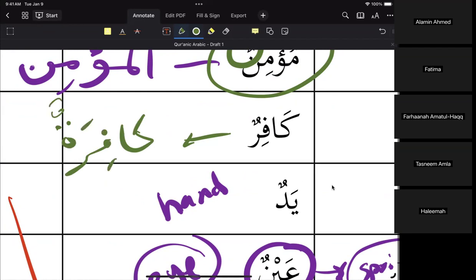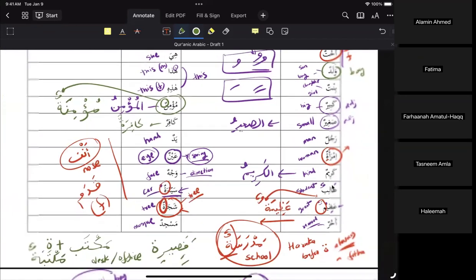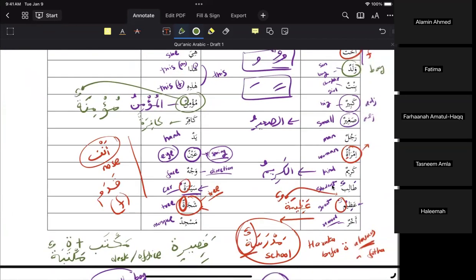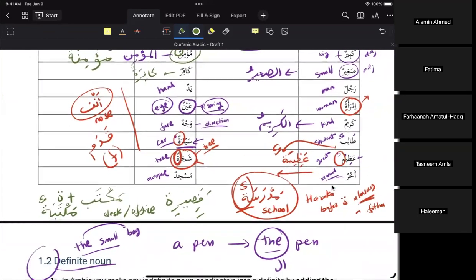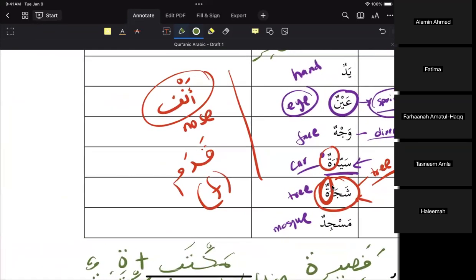So sometimes it works, sometimes it doesn't, but it will always work for adjectives. That's something good. Any adjective you have, like tawil. This is something you don't have to know right now, but I'm just trying to give you a little bit more examples. Tawil is tall, but how do you say tall girl?